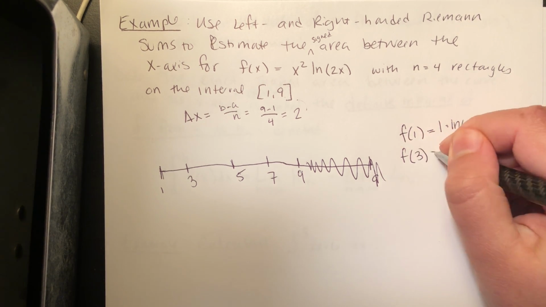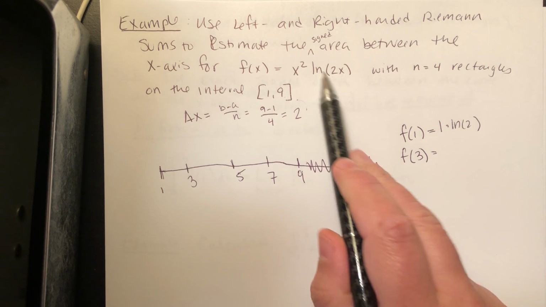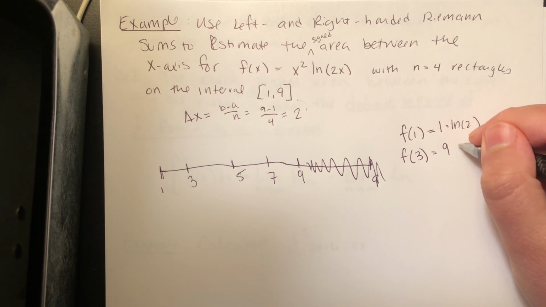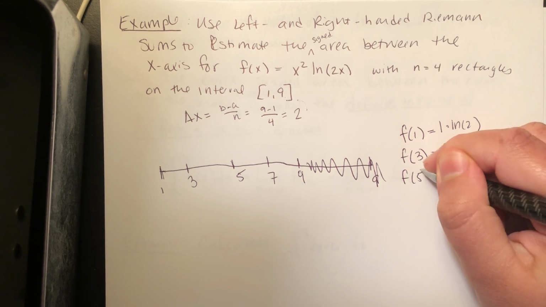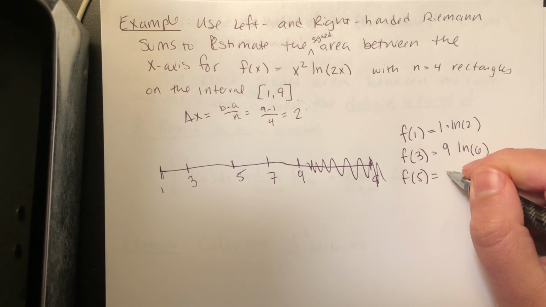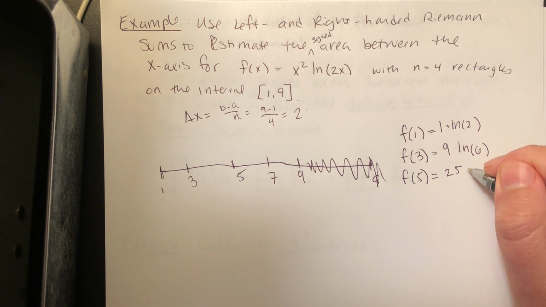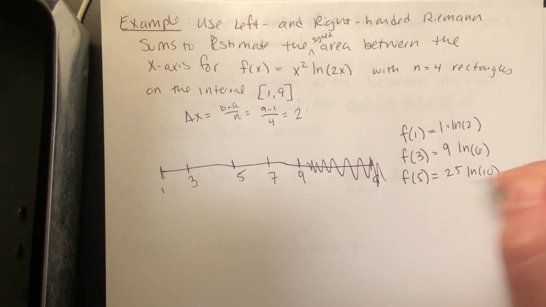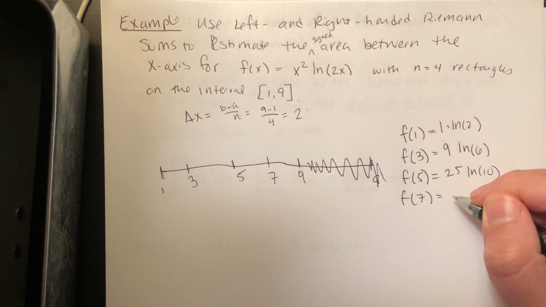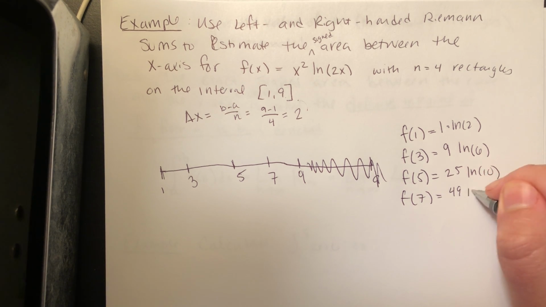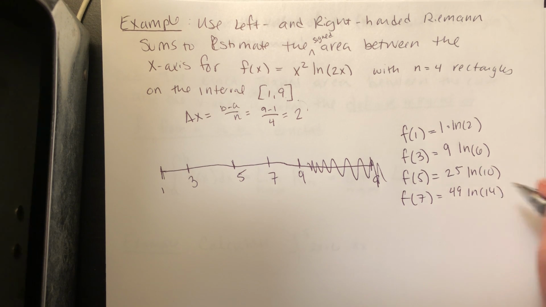F of 3 would be 3 squared times ln of 6, so 9 ln of 6. F of 5 would be 5 squared ln of 10, so 25 times ln of 10.